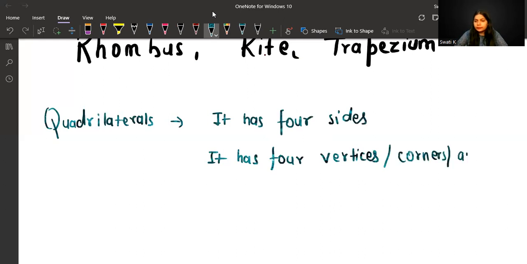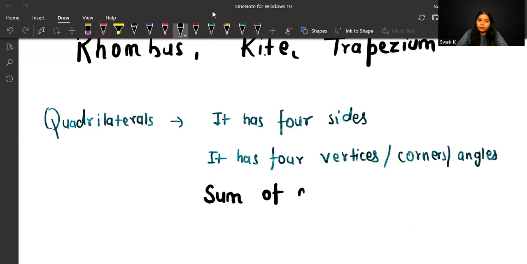Now, the most important property of a quadrilateral is that the sum of all the angles of a quadrilateral is 360 degrees. So this is something very important.